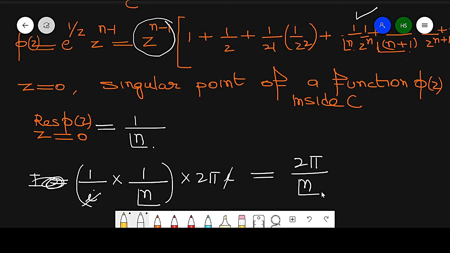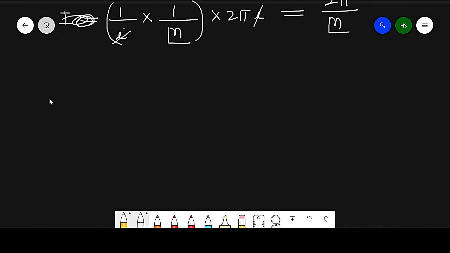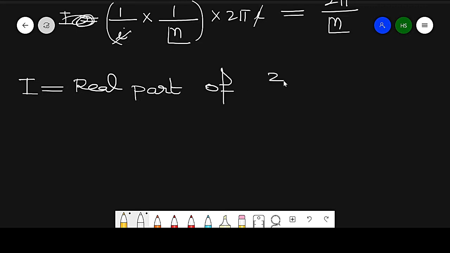Now this is the value of our integration. Now substitute: what is I? I is the real part of this integration 2 pi by n factorial.